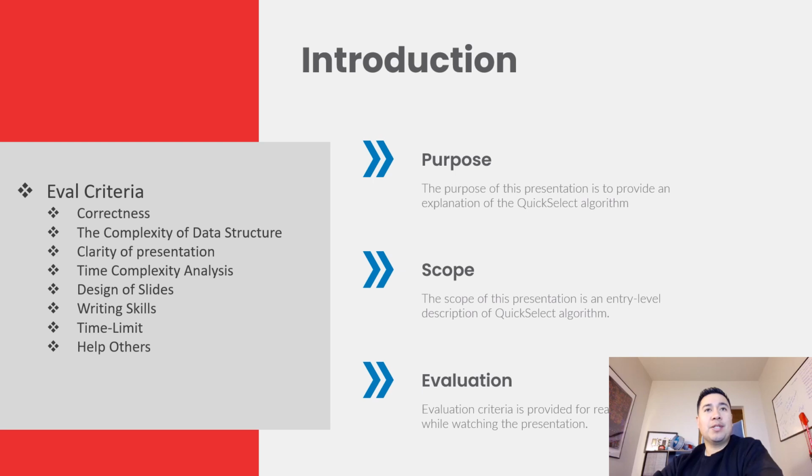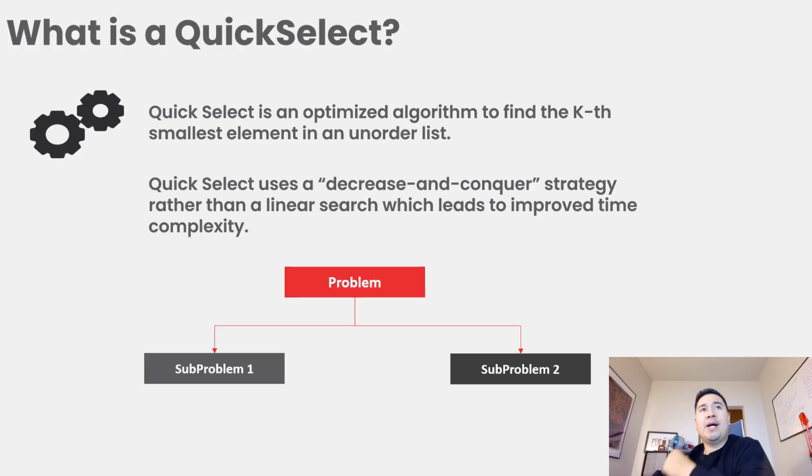So, what is QuickSelect? It's an optimized algorithm to find the kth smallest element in an unordered list, or an array.